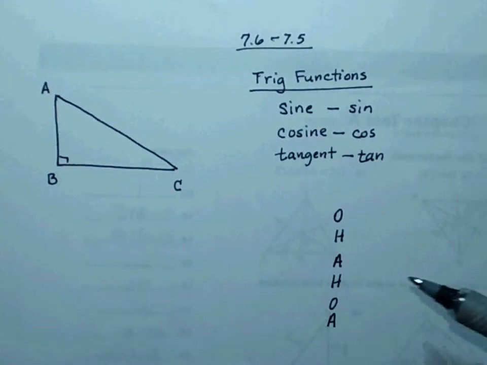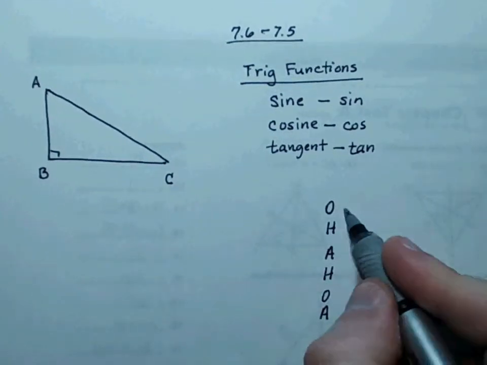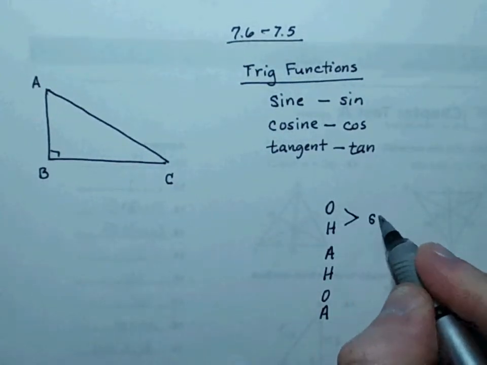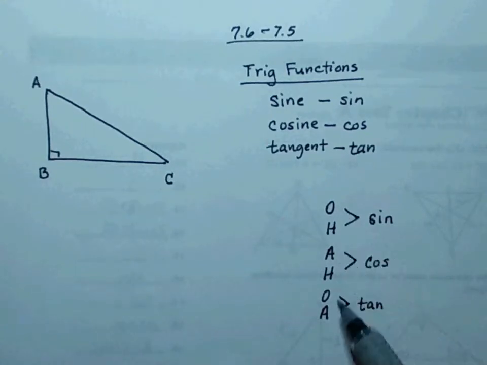Oscar had a heap of apples. And what that stands for is these first two make up our sine function. These second two make up our cosine function. And our last two make up our tangent function. And we'll talk about what these letters mean.